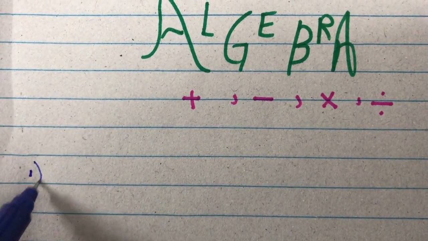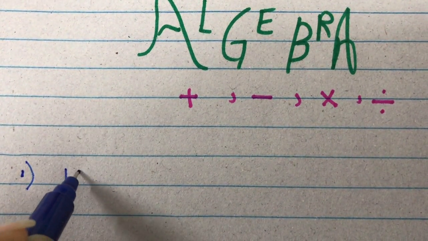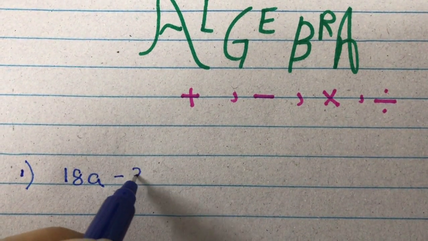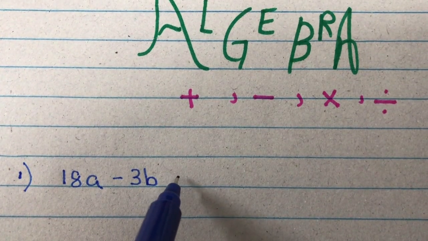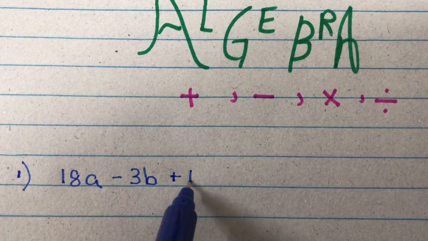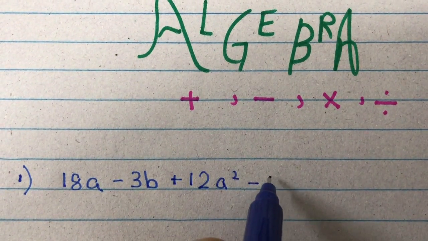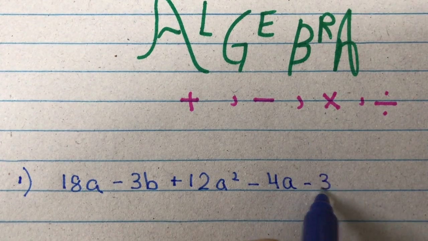Now, for example, the first question is 18a minus 3b. Here I'm just putting addition and subtraction. Okay, 12a squared minus 4a minus 3b.